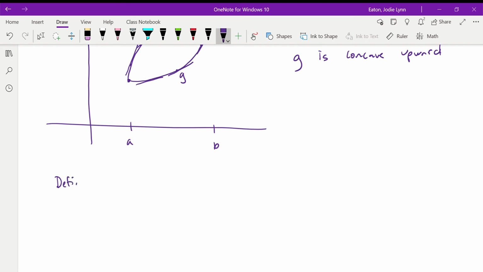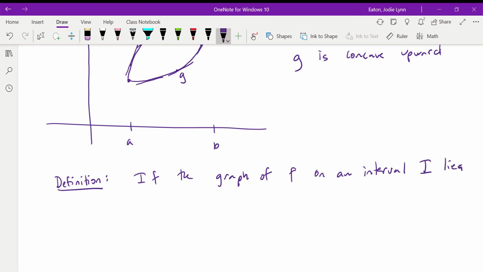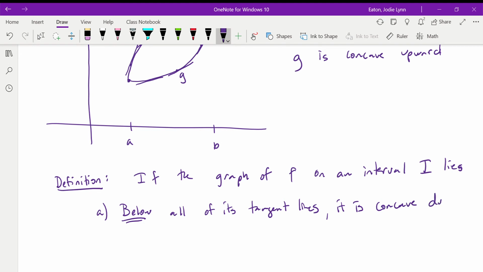So, definition: if the graph of F on an interval I lies below all of its tangent lines, it is concave downward.